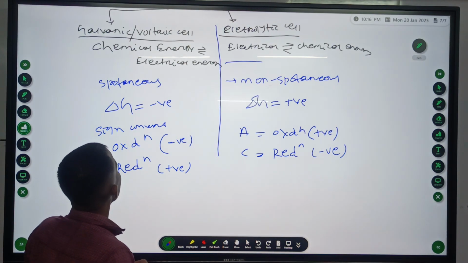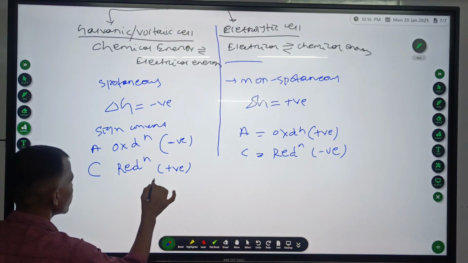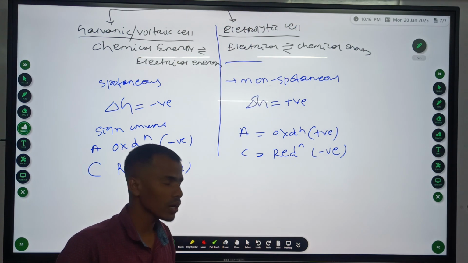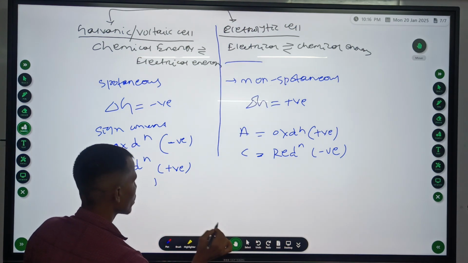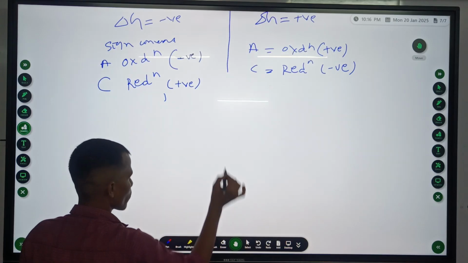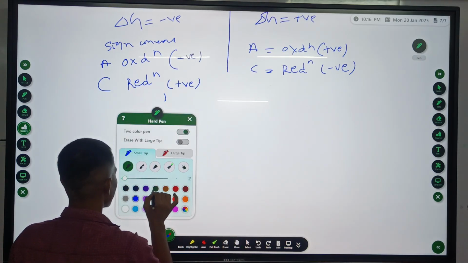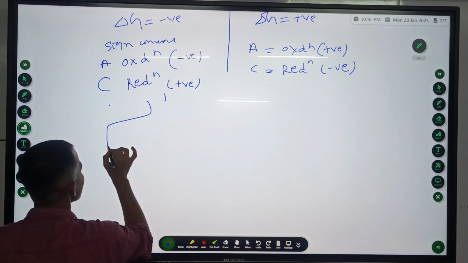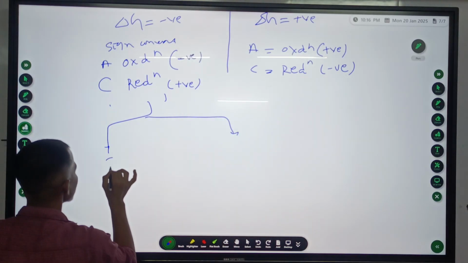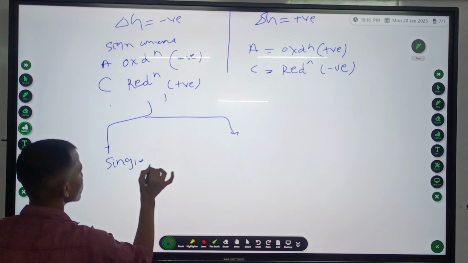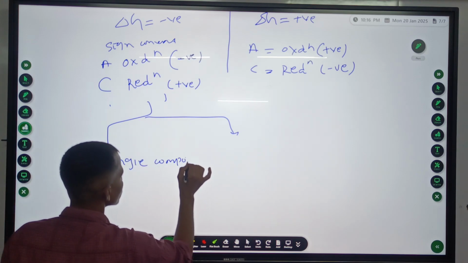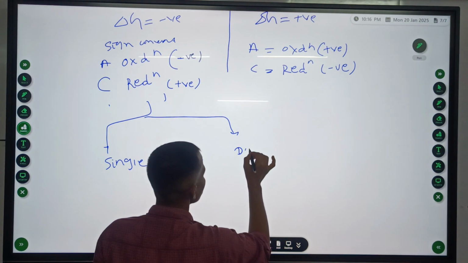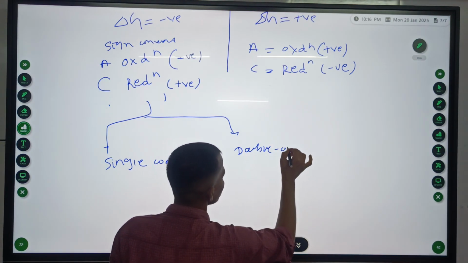Then the galvanic cell. There are two kinds of galvanic cell: the single component galvanic cell and the double component galvanic cell.